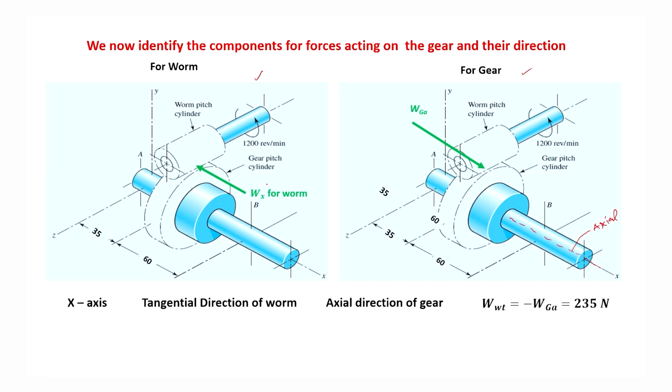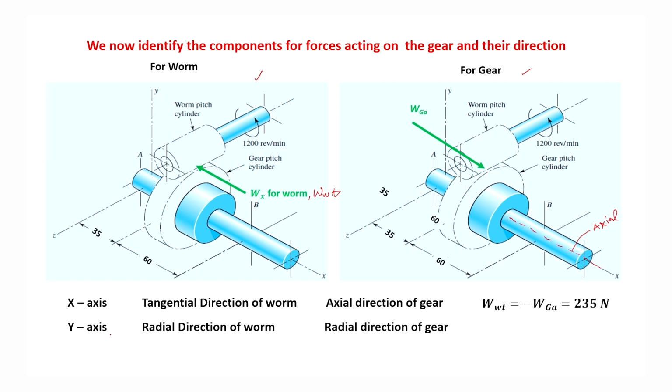They will be equal, but opposite in direction. And so, WWT, the tangential force on the worm, will become minus of the axial force on the gear.